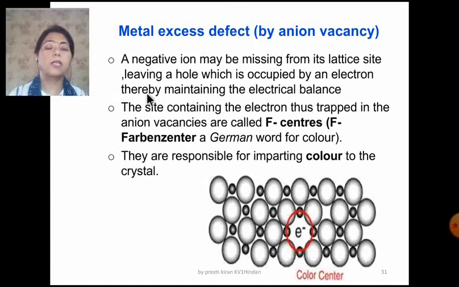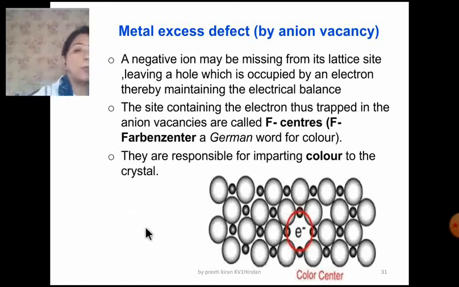A negative ion may be missing from its lattice site, leaving a hole which is occupied by an electron, thereby maintaining the electrical balance. The sites containing the electrons thus trapped in the anion vacancies are called F centers. It is a German word for color, Farbenzenter. They are responsible for imparting the color to the crystal.